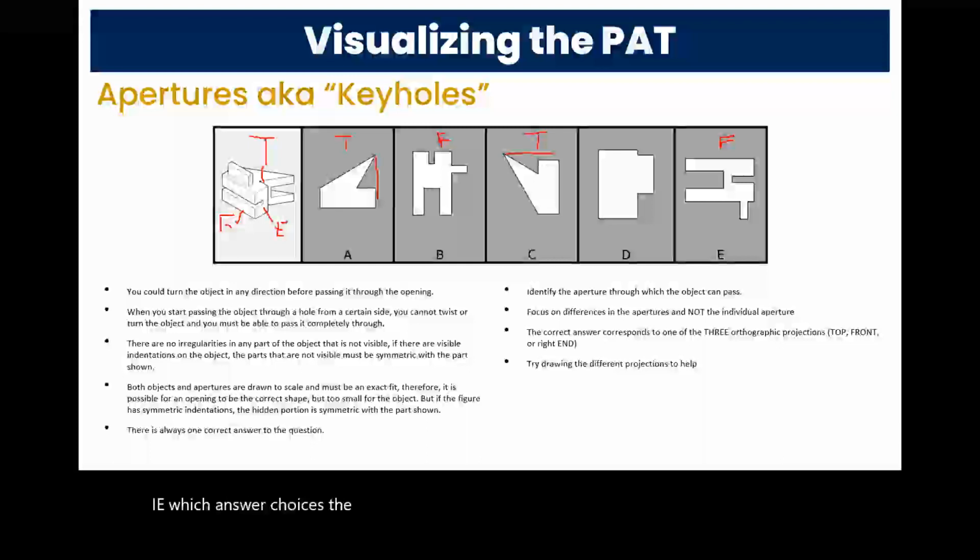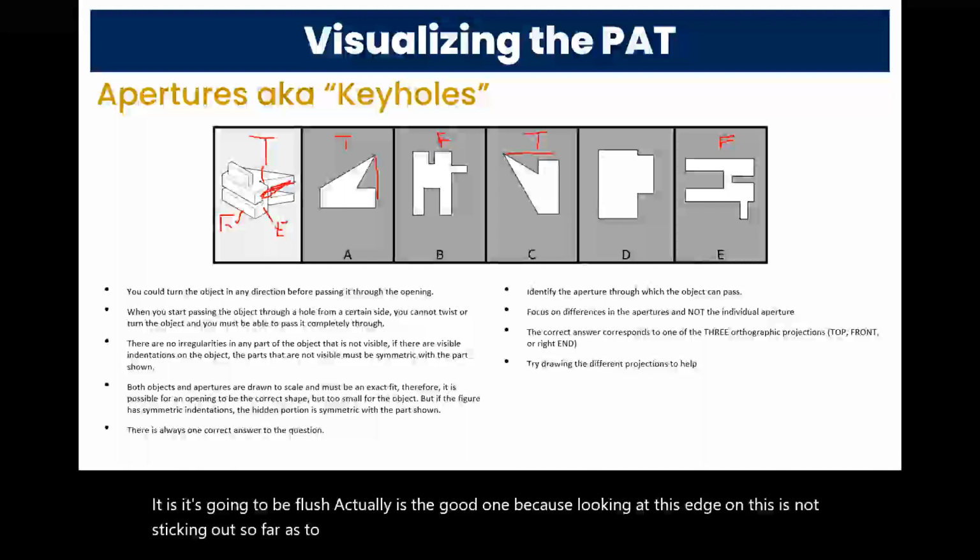Is it A or C? It's going to be flush, actually. A is the good one because looking at this edge on, this is not sticking out so far as to be not flush. We can actually get rid of C.